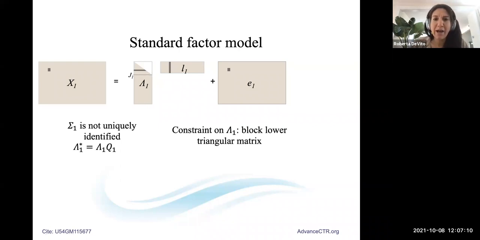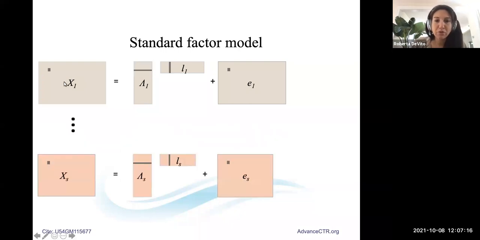Right now we are performing a factor model in one study, study 1. Suppose we perform S different factor analyses, one in each of your populations. Again, what you can get is this lambda. This lambda is really important because it measures the relationship between the observed variables and the latent factors.